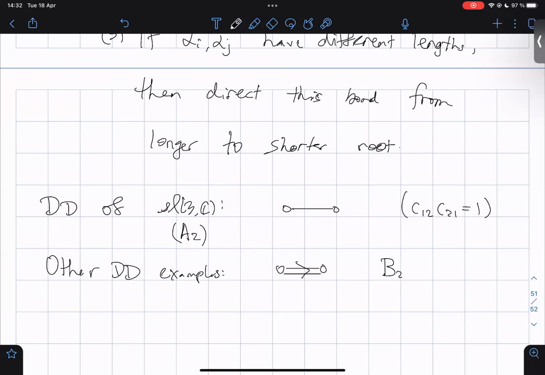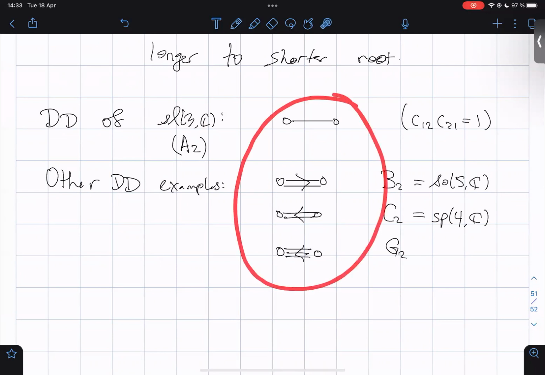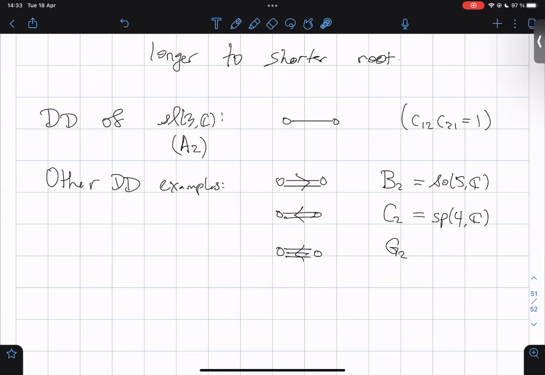Again, it's going to be rank 2. In more familiar language, this is SO5, the orthogonal algebra on a 5-dimensional vector space. This is C2, the so-called symplectic Lie algebra. Here's my favorite. This one's called G2. So these 4 are the simple Lie algebras of rank 2.